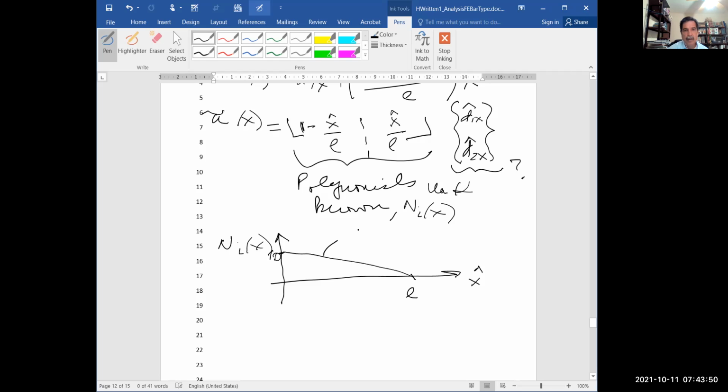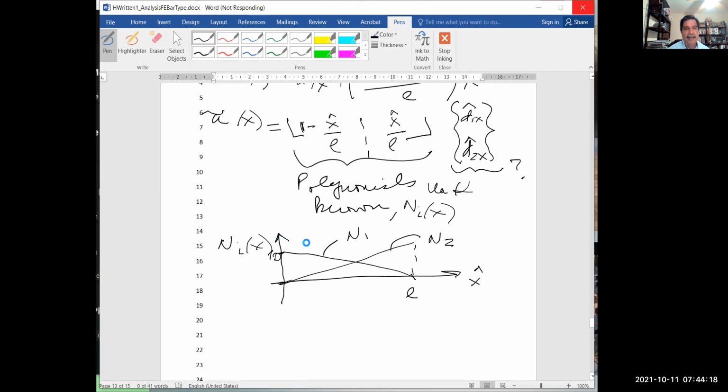And N2 starts in 0 and linearly increases up to 1. There. Okay, that's something that you probably remember using Lagrange's polynomials in numerical analysis, right? Don't say no, yeah, that's something that you studied there.